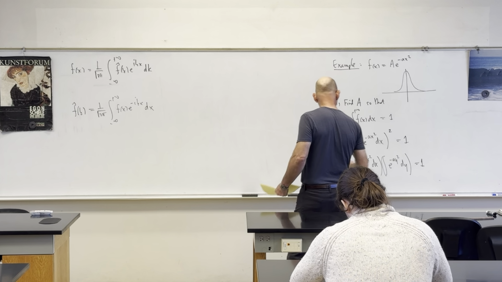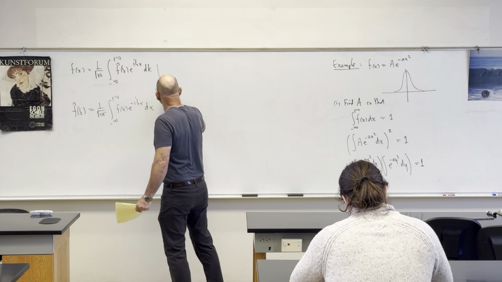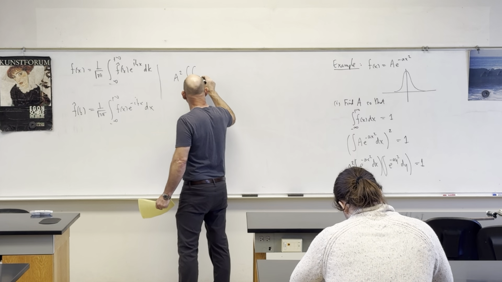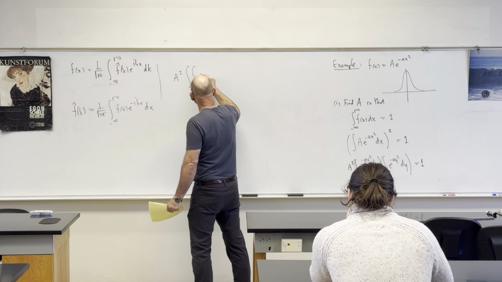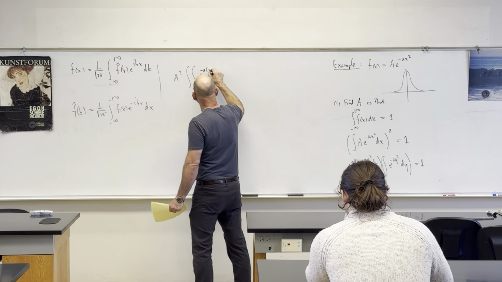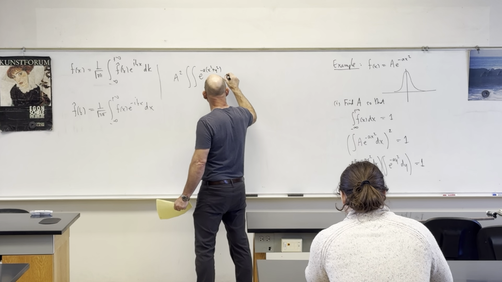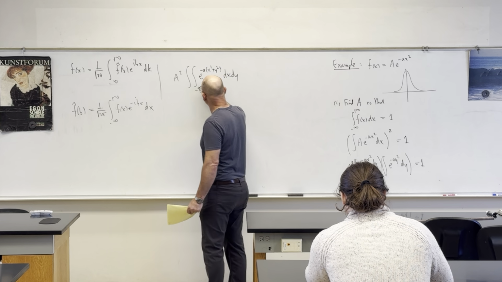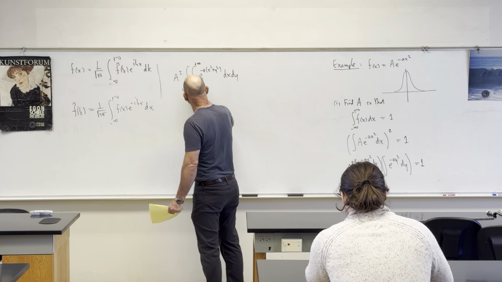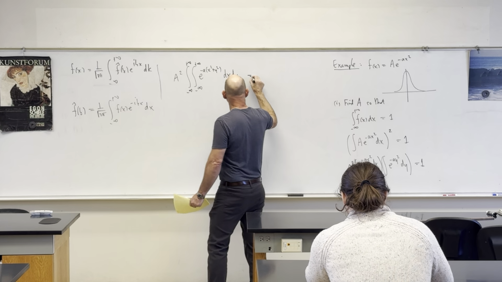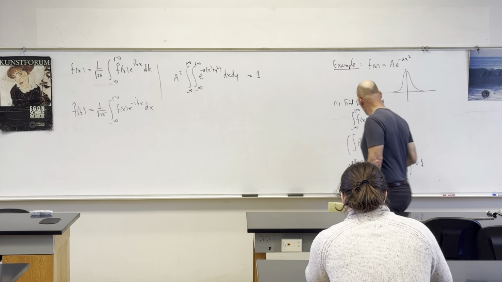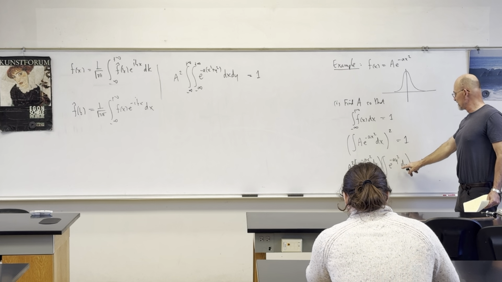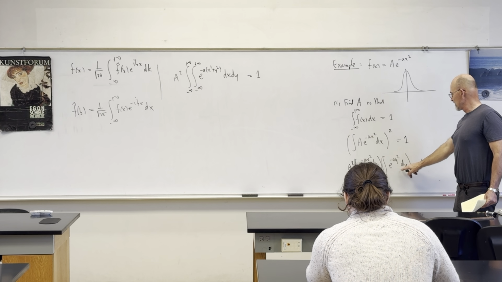We're going to normalize this, and there's a famous trick here. We've got A squared times the integral of e to the minus a times x squared plus y squared dx dy, from minus infinity to plus infinity, equal to 1. So far so good. We can put it under a double integral over the entire real squared plane.